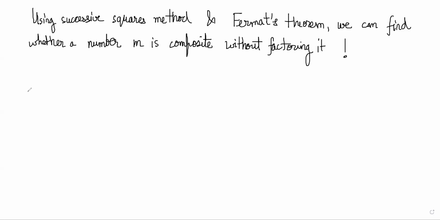That is interesting because if we have a big number, it will be difficult to prove that it is composite or prime. If you have to actually write down all the factors, it will be annoying to do.